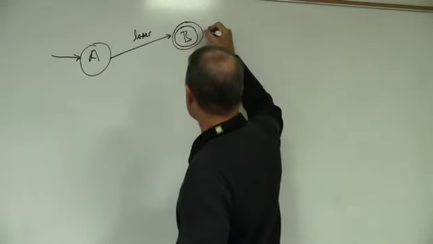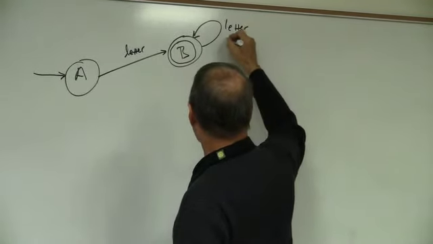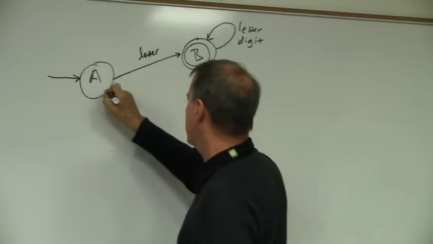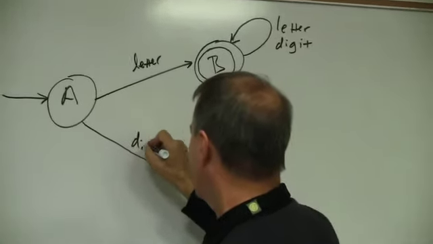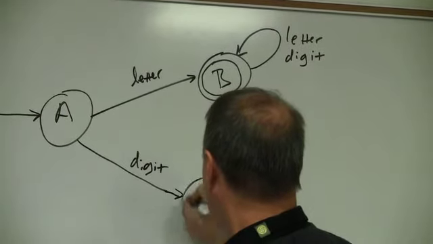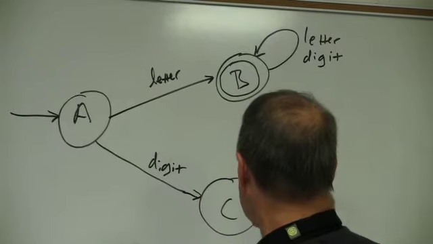And then if we're in state B and we get a letter or a digit, we'll stay in state B, which is the final state. But if we get a digit, we'll go to state C. And then if we get a letter or a digit, we'll stay in state C.